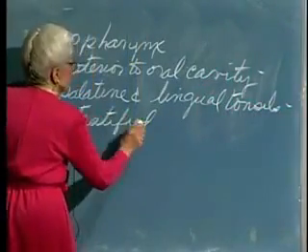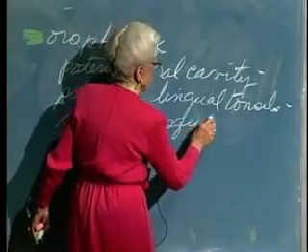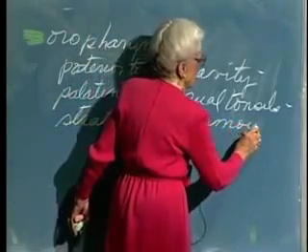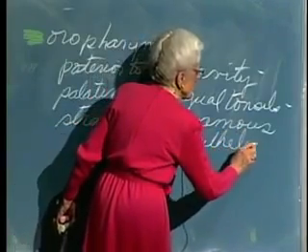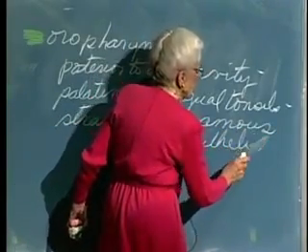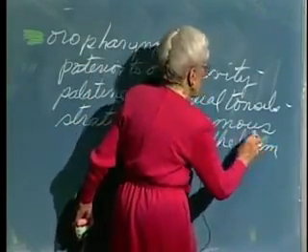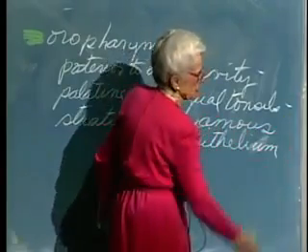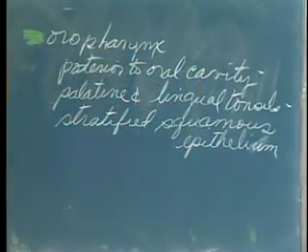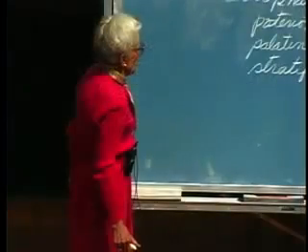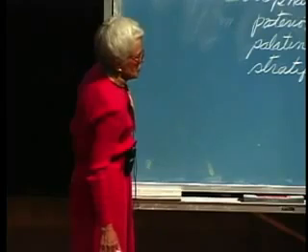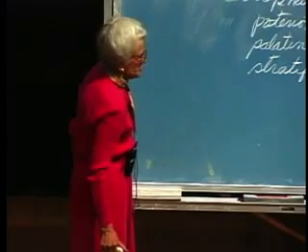Stratified squamous epithelium. No, it's true you have air there, but you don't want, the air can go by, a little bit of stratified squamous epithelium, but you don't want your delicate cilia and all of those goblet cells, right? So that's our oral pharynx.